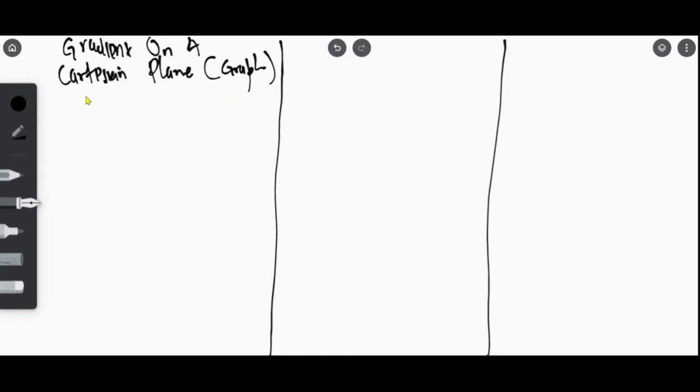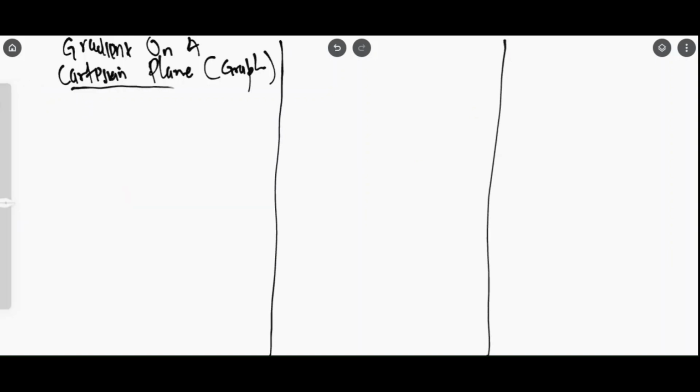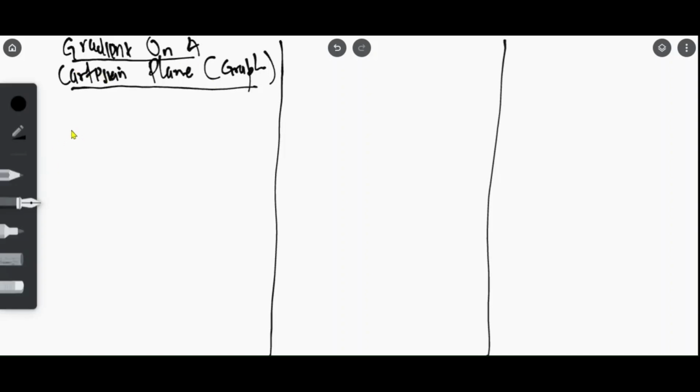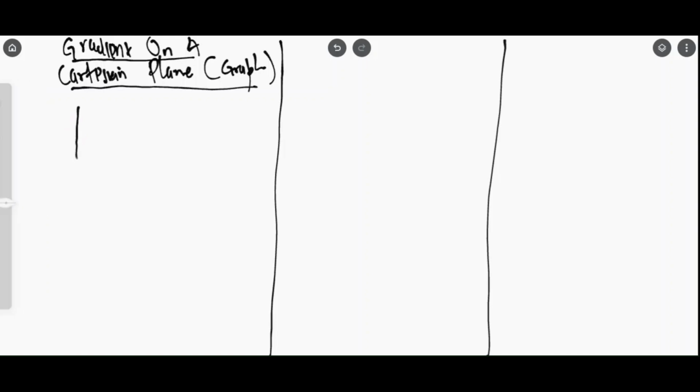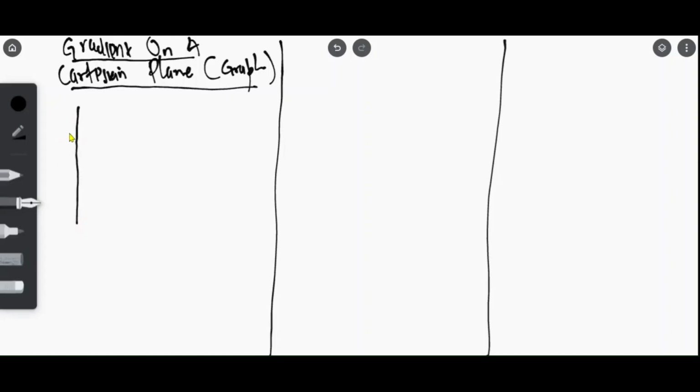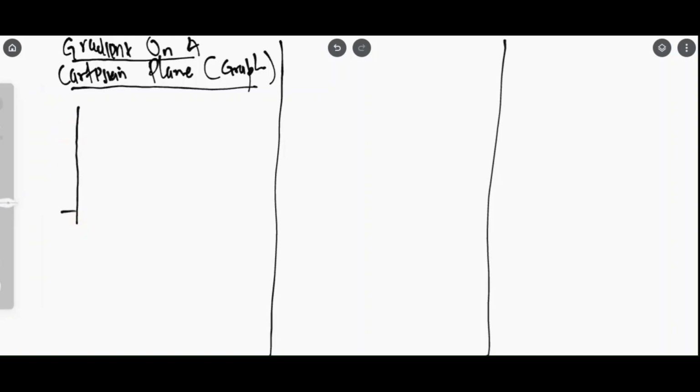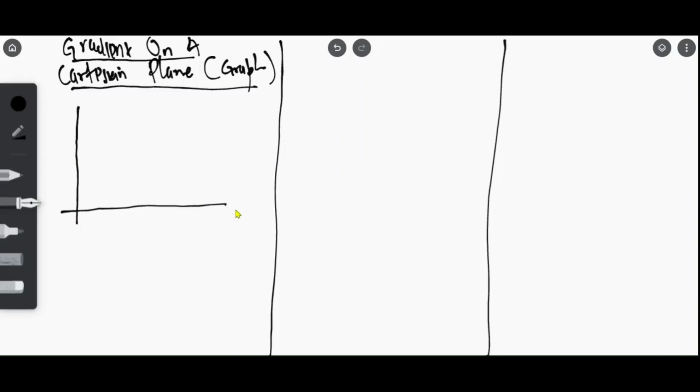Now, the formula will still be the same, because in a Cartesian plane, I normally have the y-axis and I have the x-axis. This one is the x-axis, and this one is the y-axis.